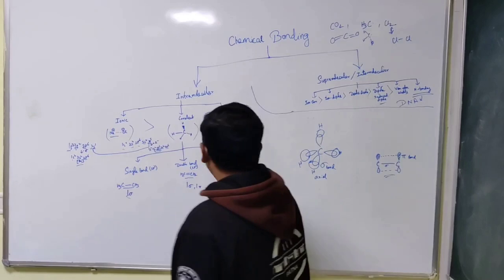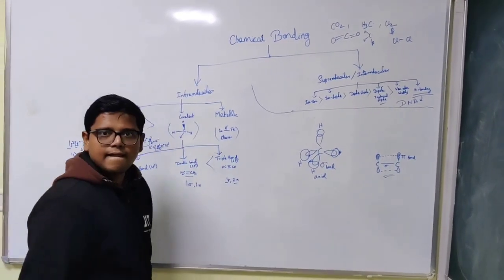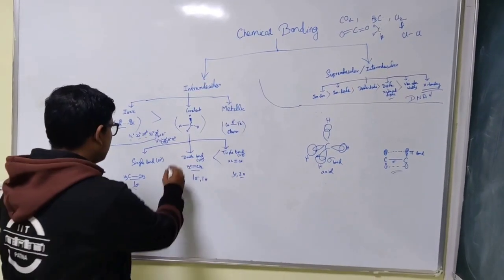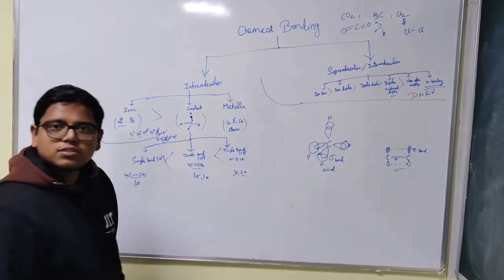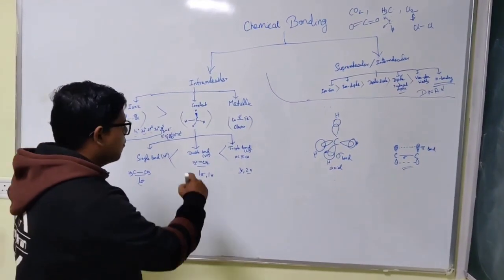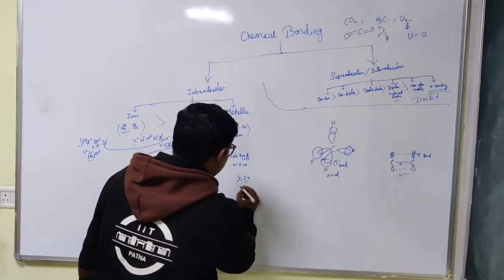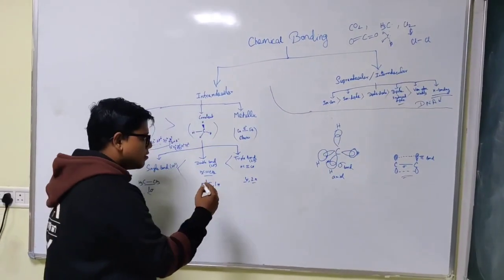Energetically, a triple bond is more stable than a double bond, and a double bond is more stable than a single bond. Bond length also changes.